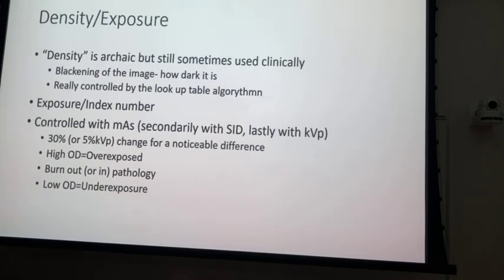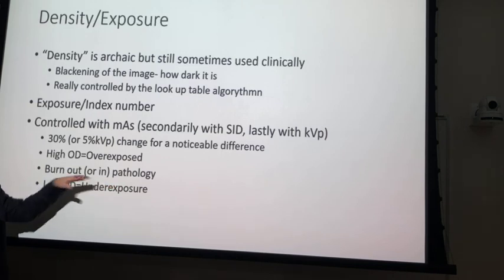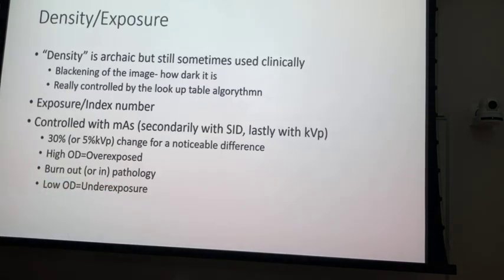So the danger in overexposure, even in digital, is if you really overexpose or underexpose a patient, you may burn out pathology. You may flood the image receptor to the point that it can't demonstrate pathology.